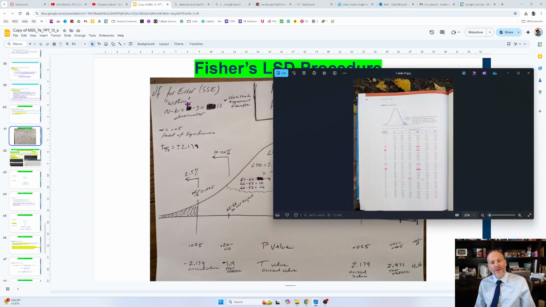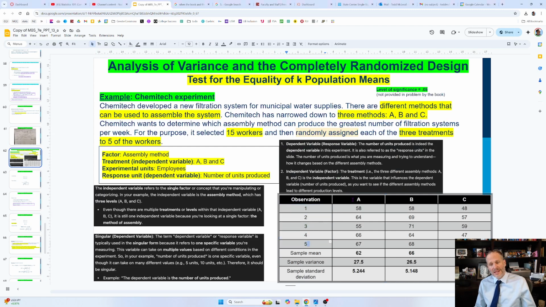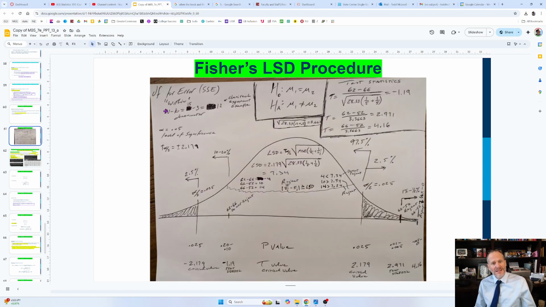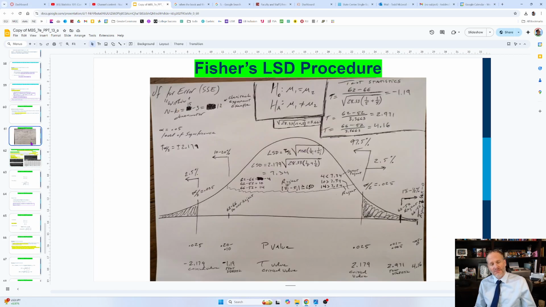So we had 5 workers, and each worker did 3 different assembly methods, A, B, and C. So we have a total of 15 observations. 15 is our N, total number of observations, minus K, and K is the treatments or the factors. We'll call it the treatments. Either one. And so we have 15 minus 3 is 12. That's our degrees of freedom.